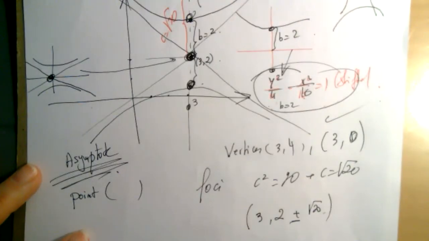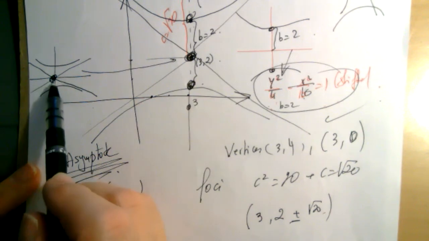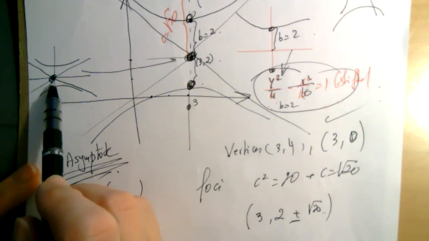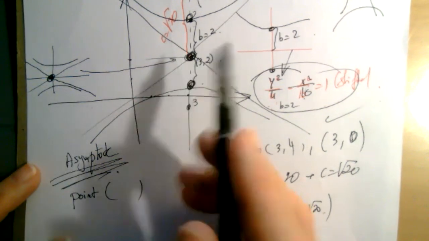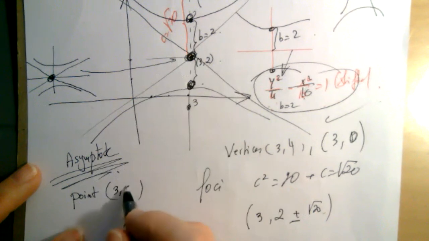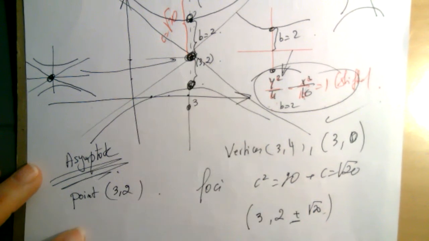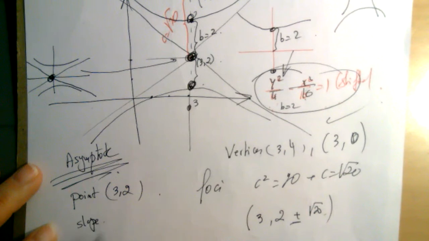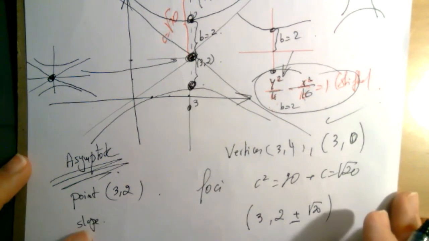So who can give me a point on the asymptote? Please quickly, we're almost done, but I want to leave you with that. Who can give me 1 point on the asymptote? Here, the origin is on it. When I shift, a point on the asymptote will be (3, 2). Now, what is the slope of the asymptote?